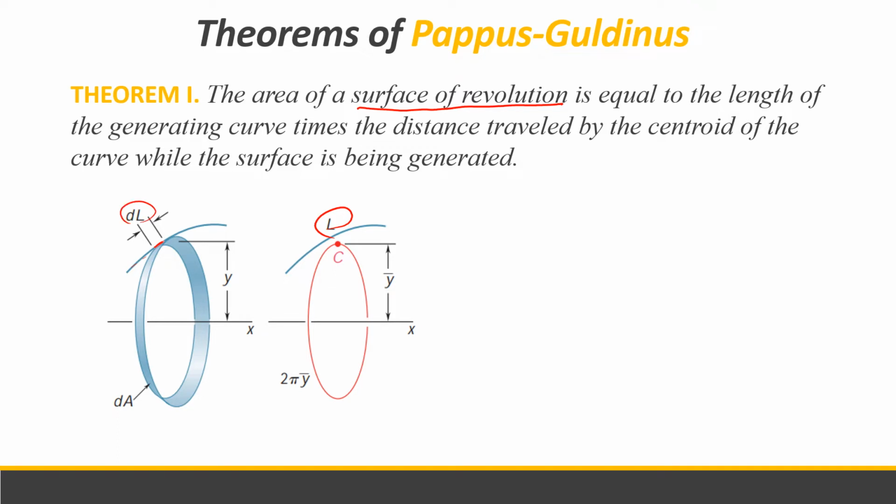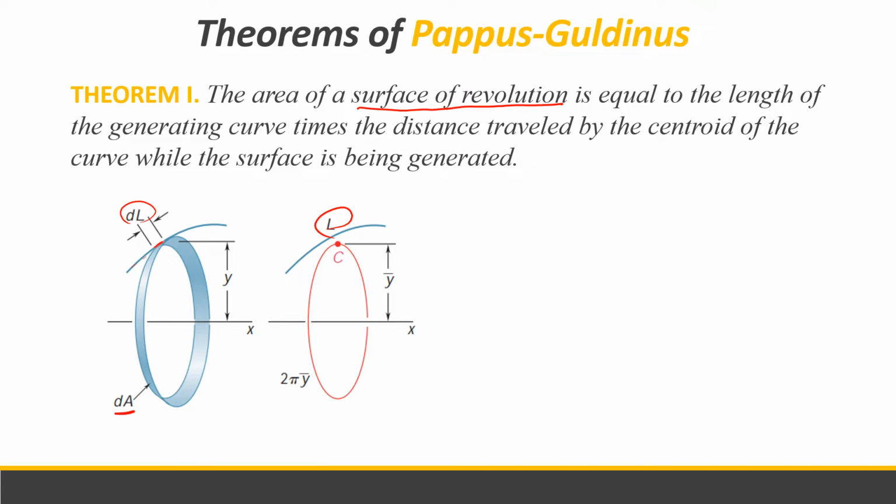Okay, so, DL, so meaning, if you rotate this small portion DL here, magkikreate siya ng ganitong surface. So, that this is circular, no? So, naka-ano lang siya. Parang 3D view. So, naka-circle siya. So, this is circular. So, it will create a surface area dA.